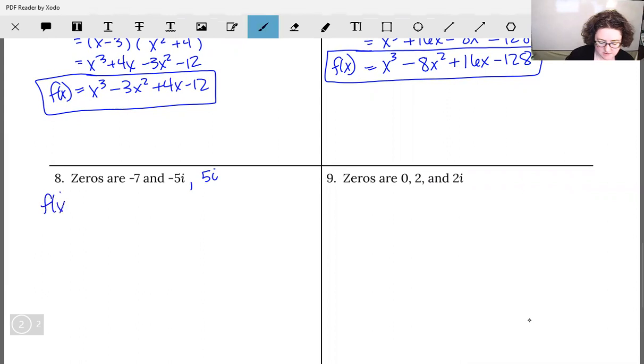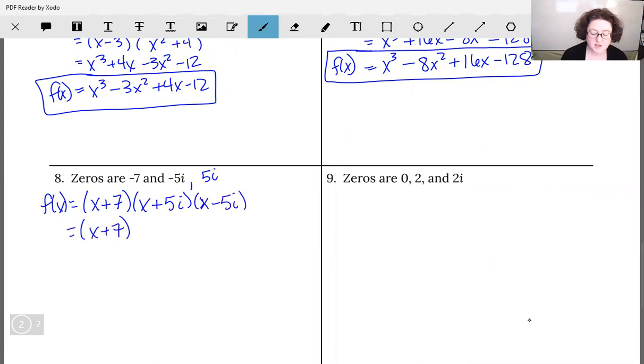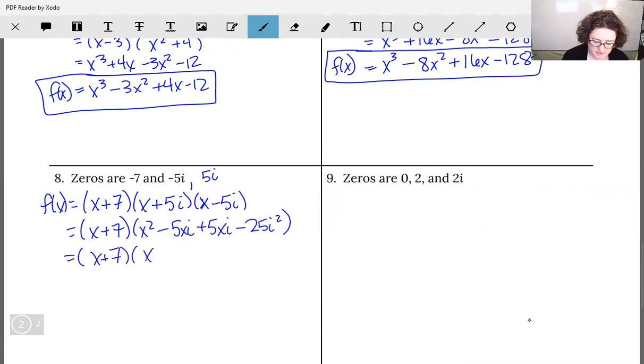All right, so our function, x minus a -7, aka x plus 7, x minus a -5i, and x plus 5i. So multiplying out the complex factors, x squared minus 5xi plus 5xi minus 25i squared, which simplifies out to x squared plus 25.